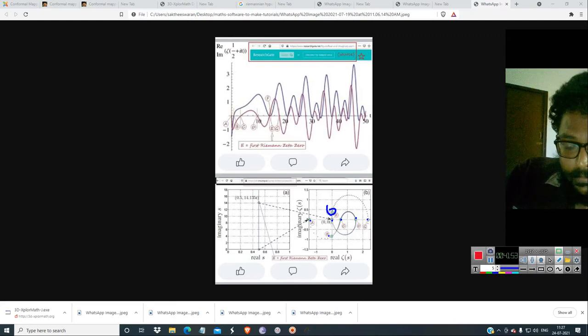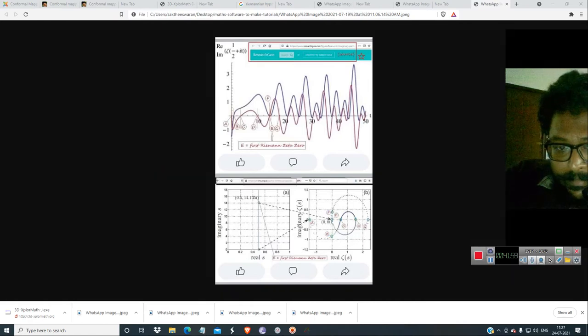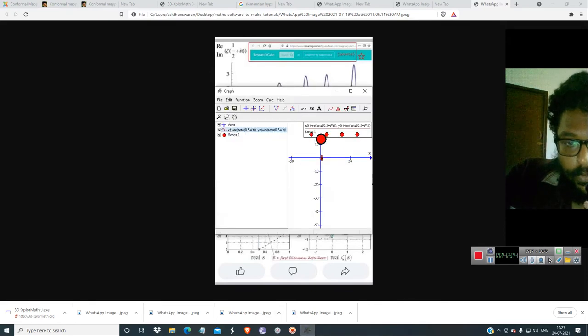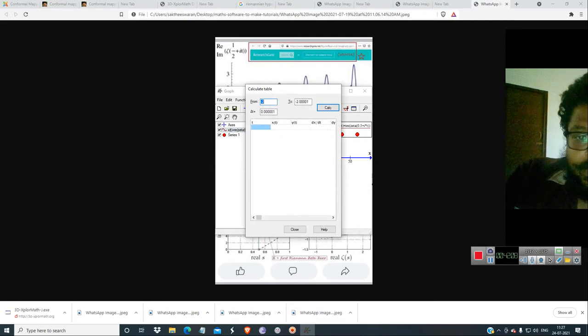So how to do it? Let me show you. They are telling that you have to put 0.5 plus 14.13i. So just get over here and you have to calculate the sum. Here you plot from 0 to 34, just 34. Not 14.13.